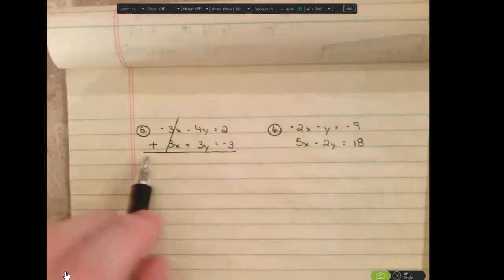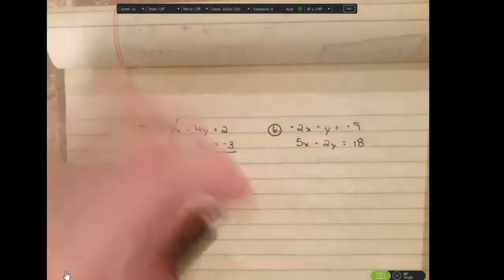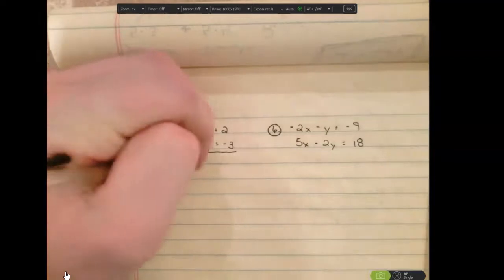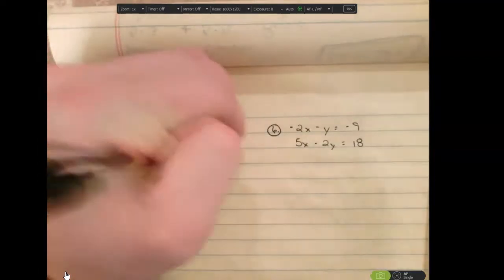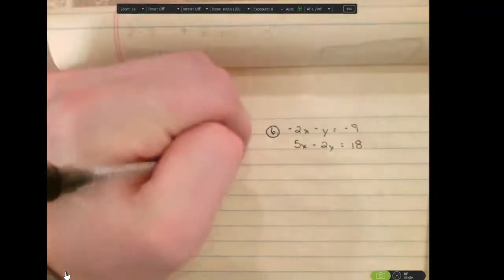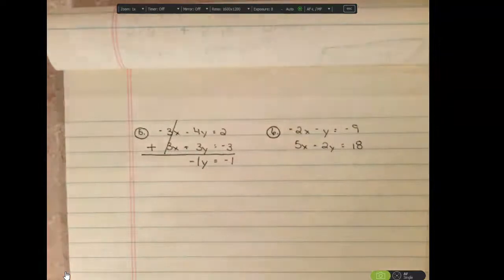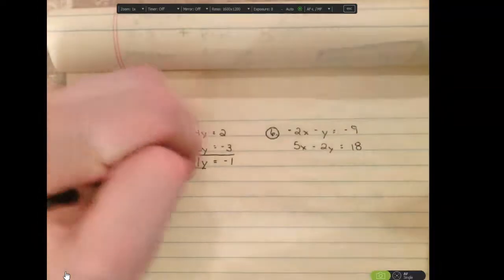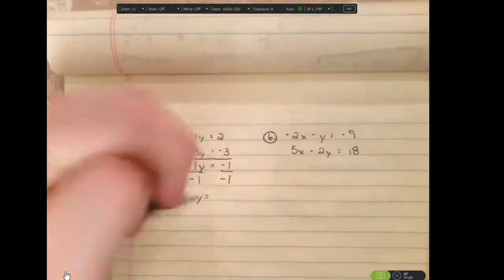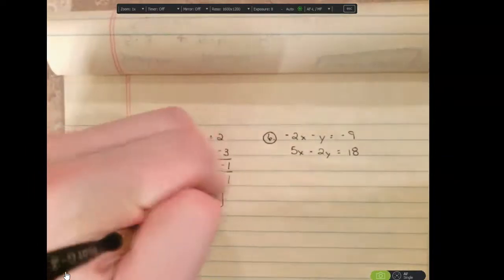Negative 4 plus 3 is negative 1, so that's going to be negative 1y. And that's going to be equal to 2 plus negative 3, which is also negative 1. Now I divide by negative 1. y is equal to 1.